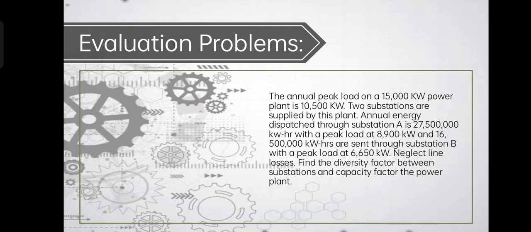Annual energy dispatch through substation A is 27,500,000 kilowatt hour with a peak load of 8,900 kilowatt, and 16,500,000 kilowatt hours are sent through substation B with a peak load of 6,650 kilowatt. Neglect line losses. Find the diversity factor between substations and the capacity factor of the power plant.